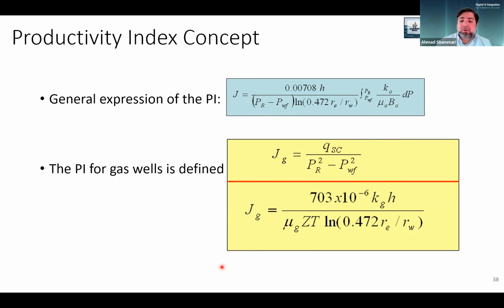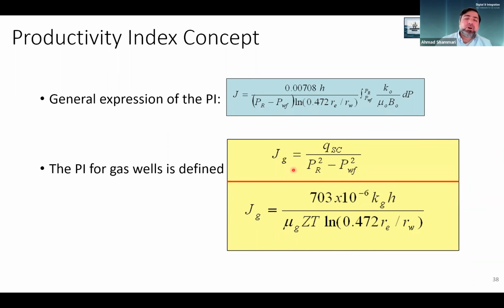We can simply say that the gas PI, productivity index, is not inversely proportional to the drawdown itself. It is inversely proportional to the reservoir pressure to the power of 2 minus the p_wf squared. Okay, and this way also can be used to calculate J.